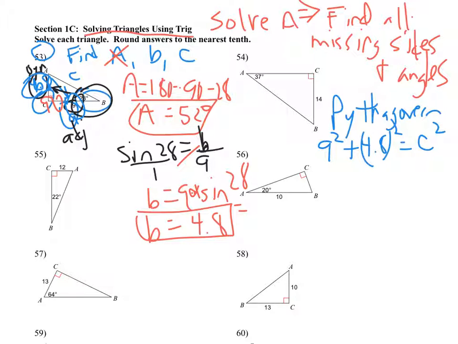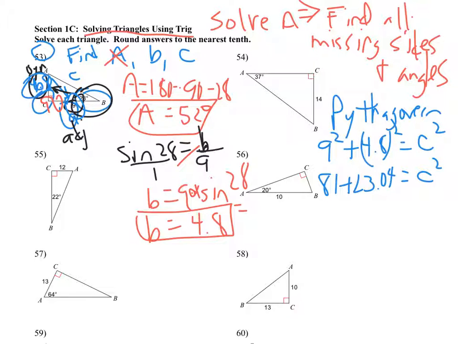If I go through and do this, c squared is equal to 9 squared, which is 81, plus 4.8 squared, so 4.8 times itself, which is 23.04.